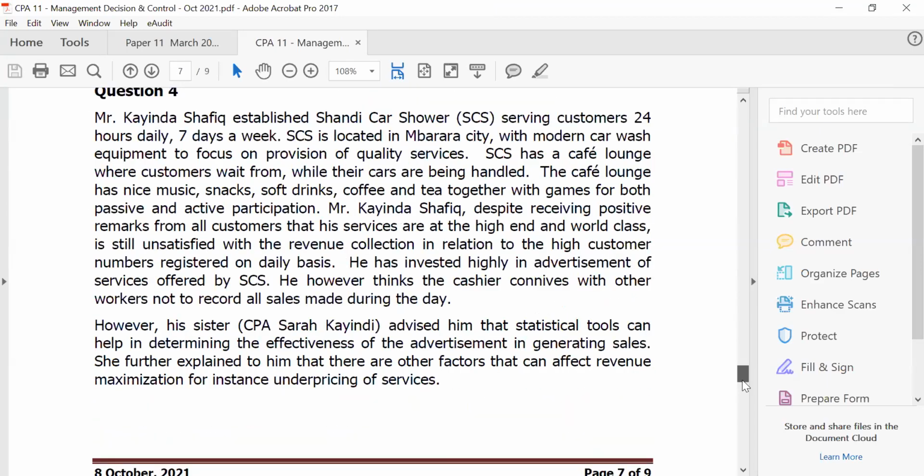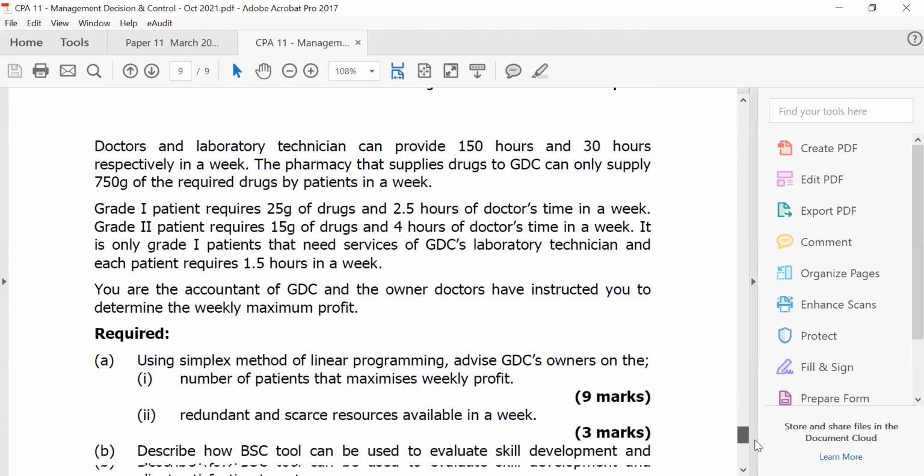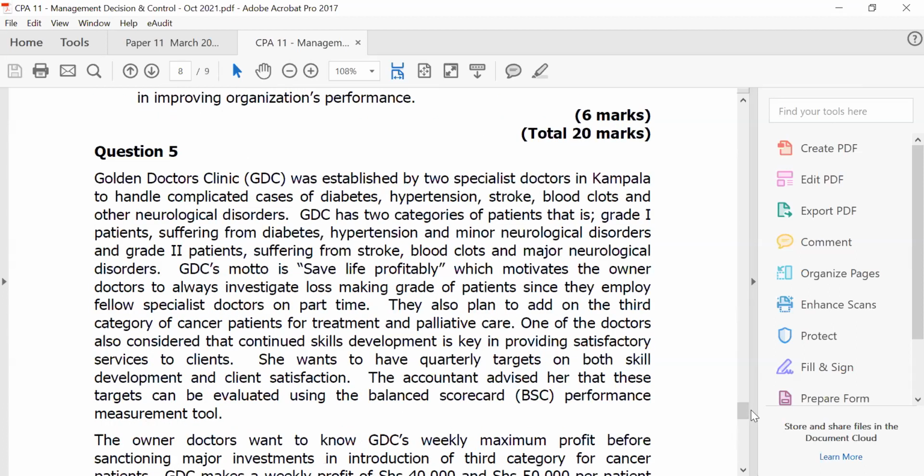I think it is the last question in this paper. We're just going to first conceptualize information and then see how we can find different solutions. But before I go into that, I just want to give an overview of linear programming.